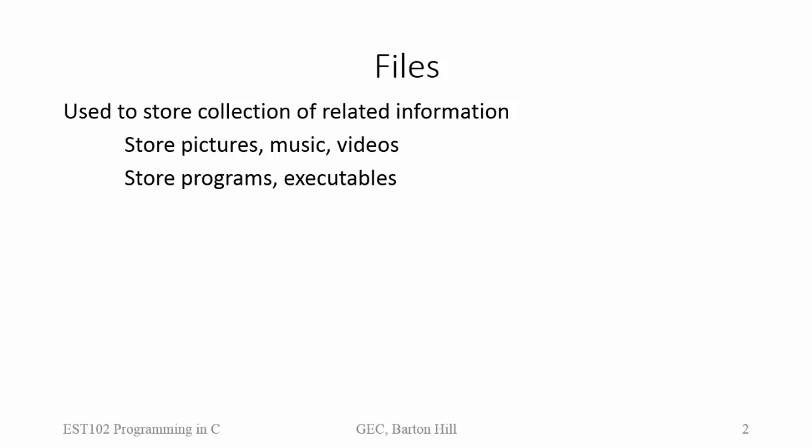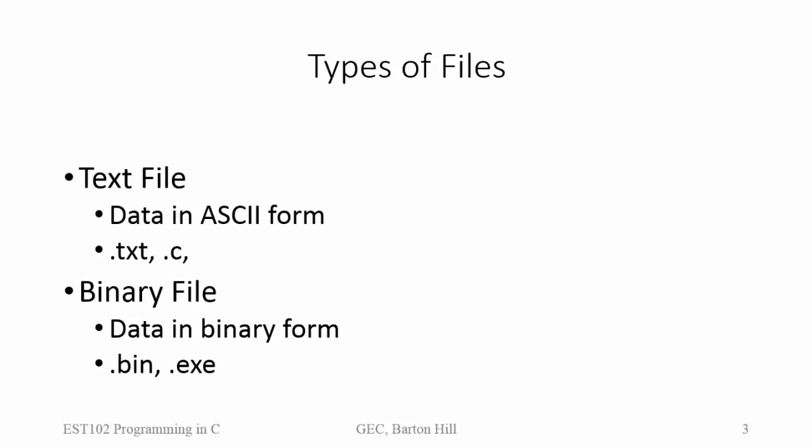There are different types of files like picture files, music files, video files, executable files, etc. Here we will mainly focus on two types of files, that is text file and binary file.